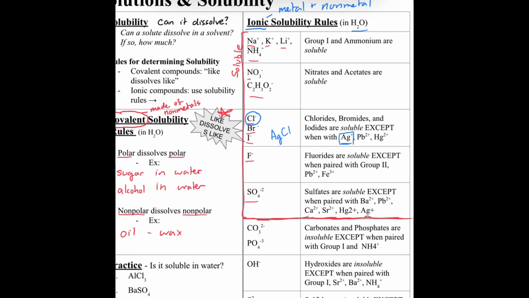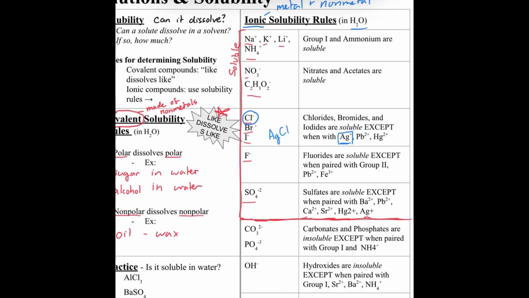All right? Down here on the bottom, we have some examples of ions that are generally insoluble, meaning they usually cannot dissolve in water. So carbonates, phosphates, hydroxides, and sulfides generally cannot.